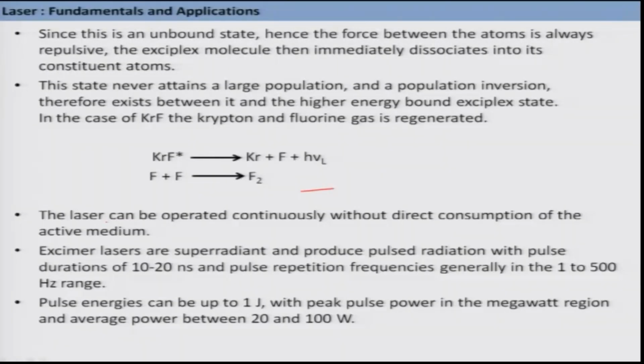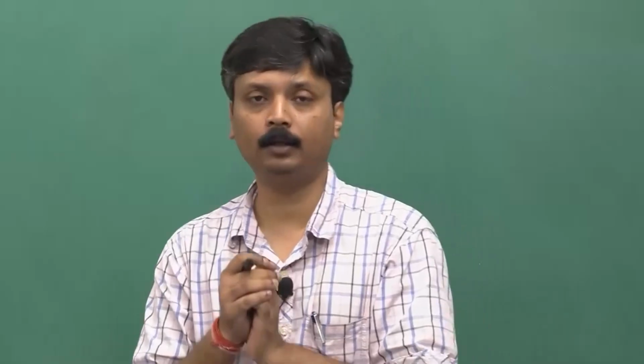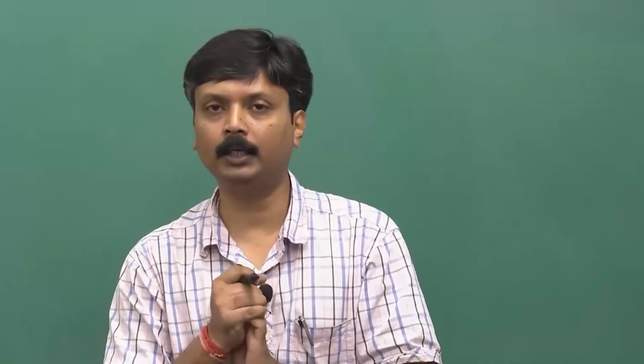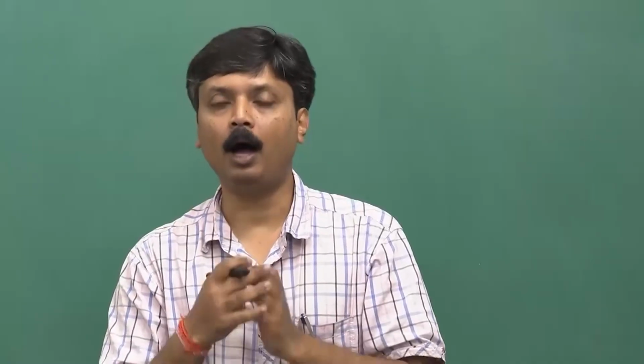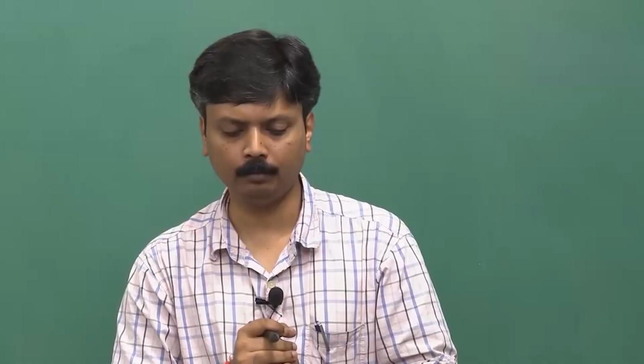Now these are not very large numbers, but if you think about a source giving ultraviolet laser photons, these numbers are quite good, because UV radiations are already highly energetic frequencies, right?